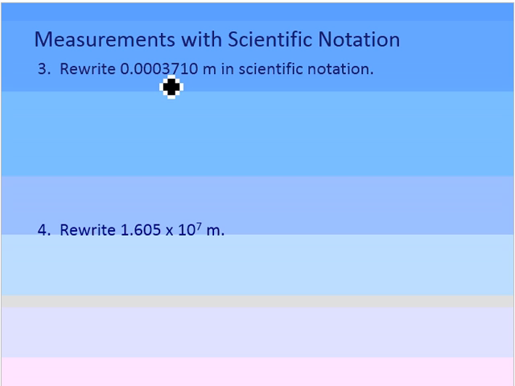Here again, just like I did in the last one, I'm just going to take the chunk of significant figures that I know are going to create my coefficient. In this case, it's all of these. That 0 at the end here is significant, so it has to go in my coefficient.